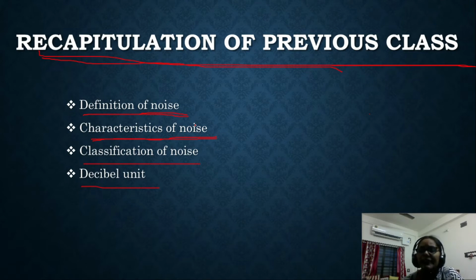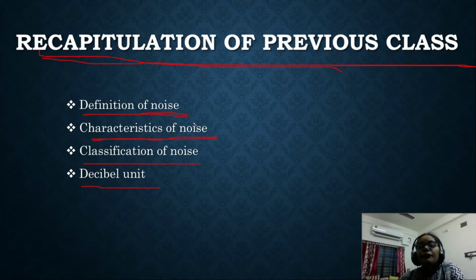But for noise, the sound wave at once has a very high amplitude, and after that the amplitude is low. So no periodicity is maintained for noise. That is why noise is very unpleasant.